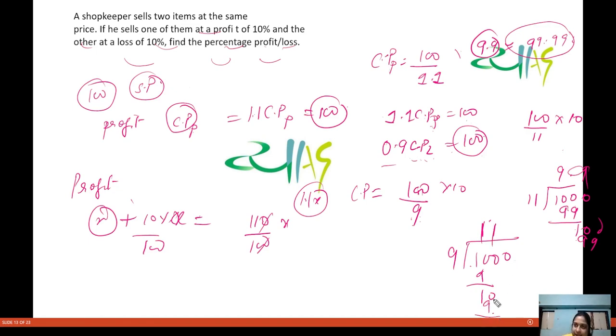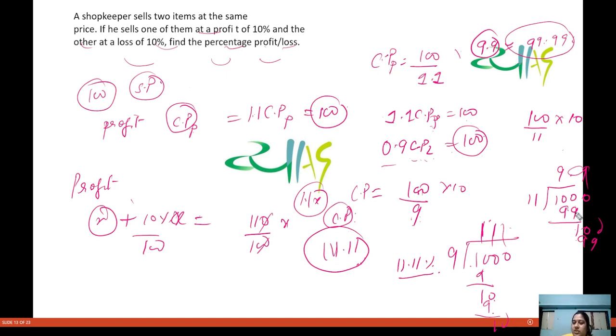So 111.11 was the cost price in case of loss. So the loss is of 11.11.